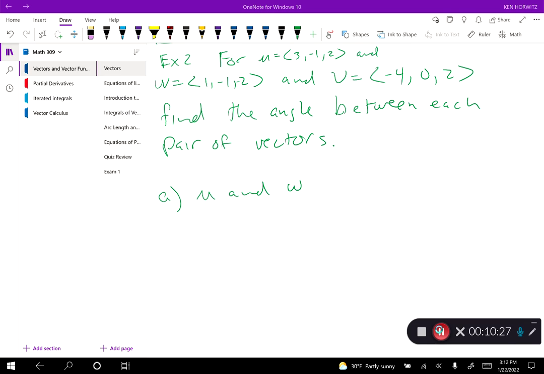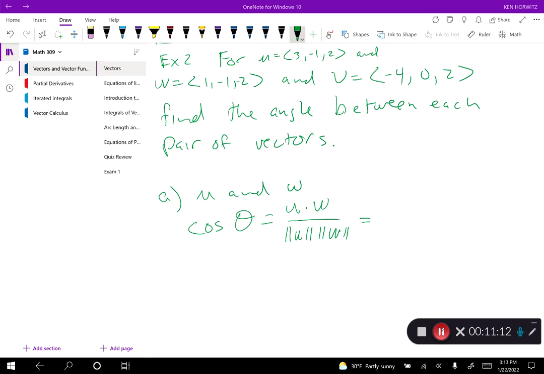For u and w, basically I need to do cosine of theta equals u dot w over the magnitude of u times the magnitude of w. So why don't we pause the video, take quick practice doing the dot product of u and w, and we'll give you the answer on the back end.